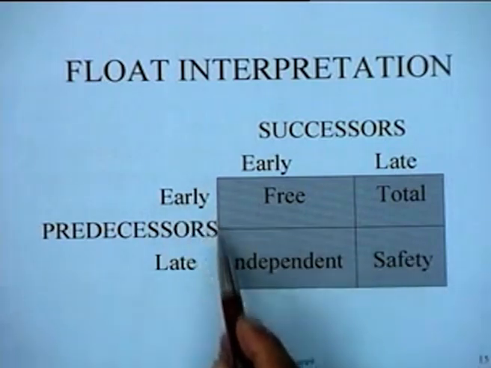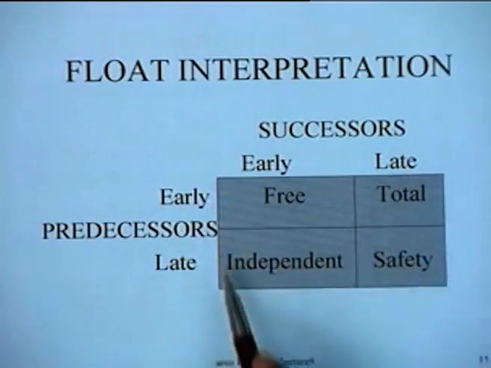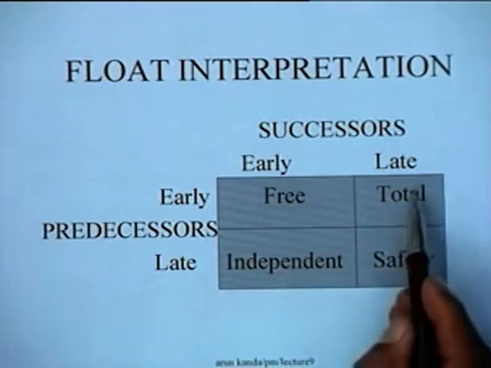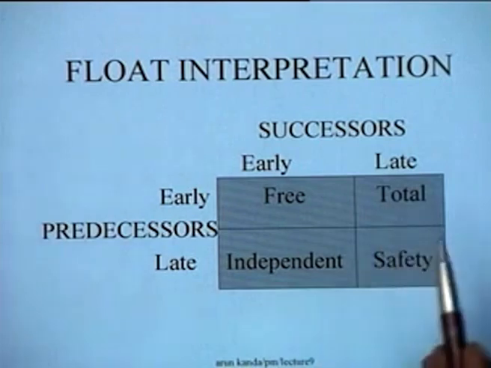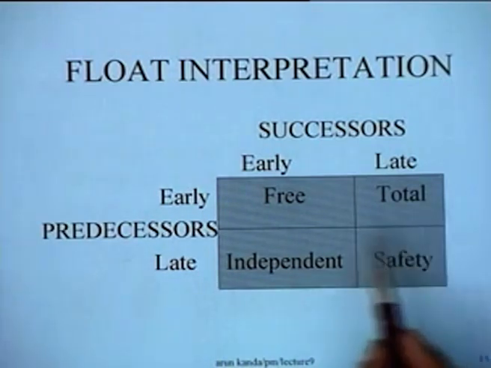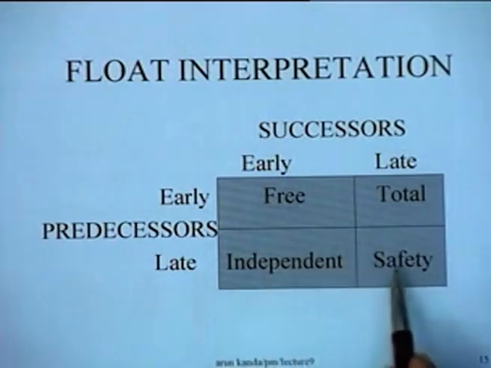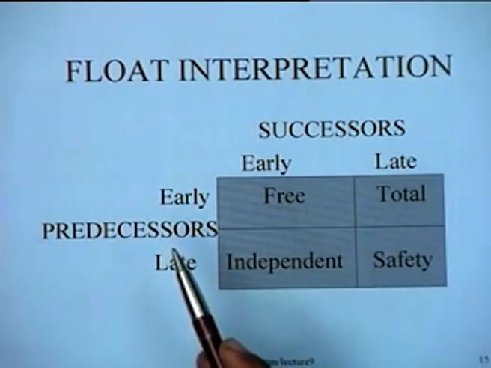So by using this basic interpretation of the 4 kinds of floats, we find that the computation of the total float in the AON network was rather straightforward, and we have determined this. We will see how the others can be determined, and we are going to basically use this kind of framework.